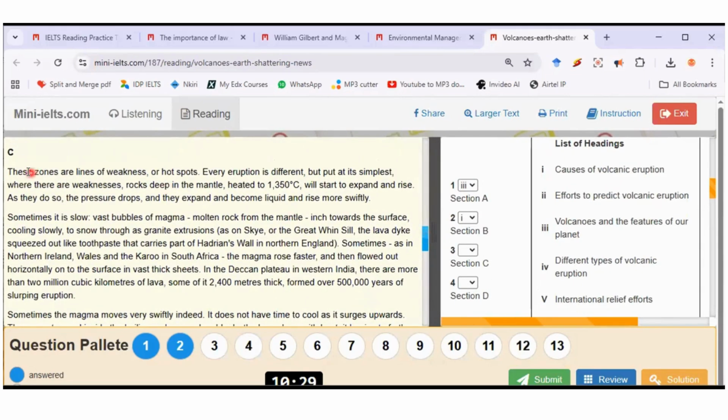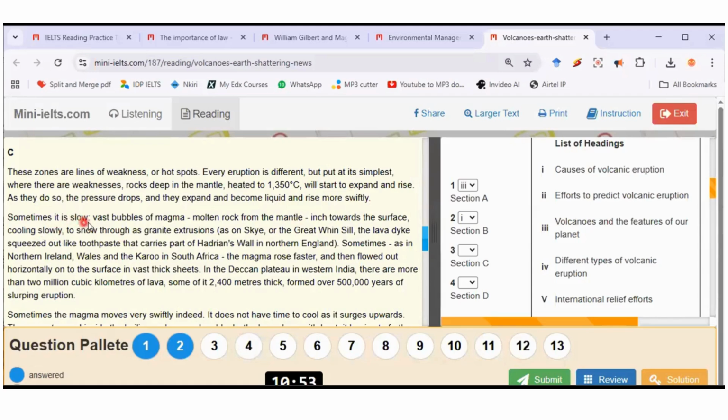Now, section C. These zones are lines of weakness or hotspots. Every eruption is different, but put at its simplest, where there are weaknesses, rocks deep in the mantle heated to 1350 degrees Celsius will start to expand and rise, and as they do so, the pressure drops and they expand and become liquid and rise more swiftly.